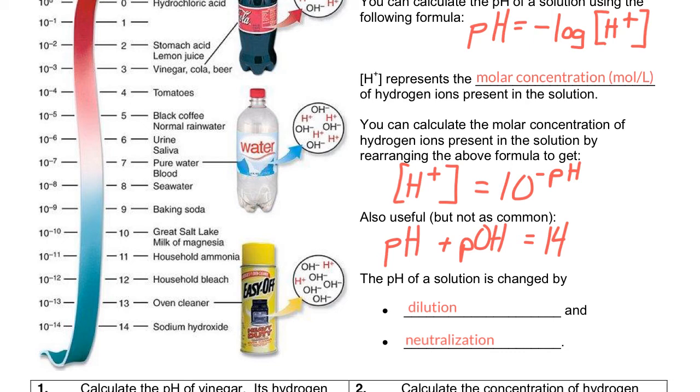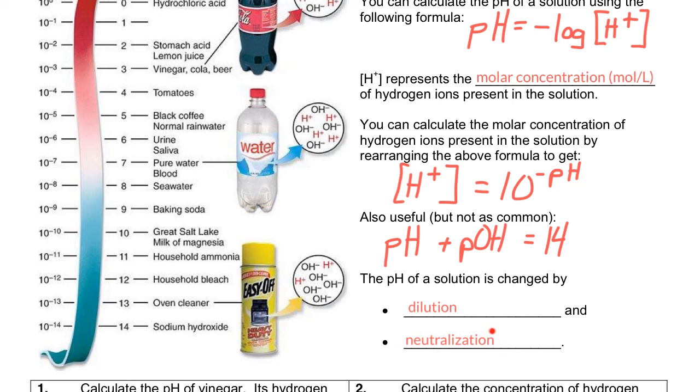And a couple of things. Because pH is a measure of the hydrogen ion concentration, you can change the concentration by dilution. If you dilute your acid or your base, you're going to change the pH. The other thing would be neutralization.